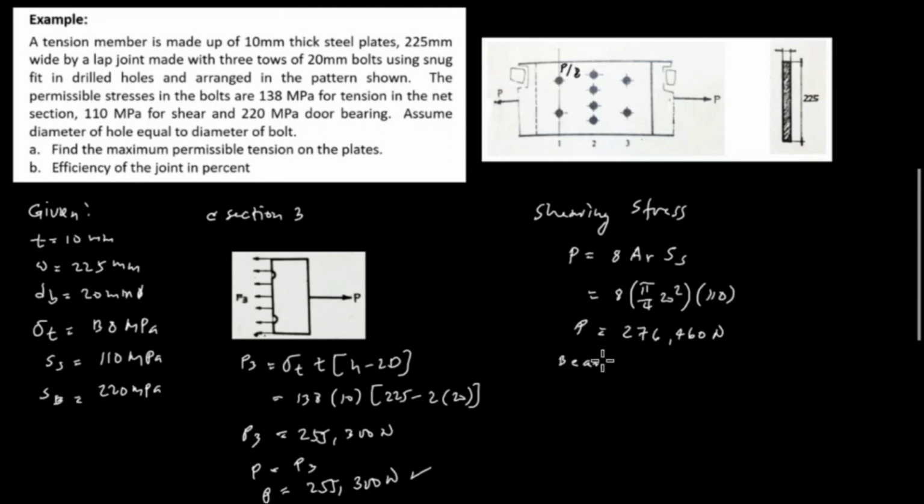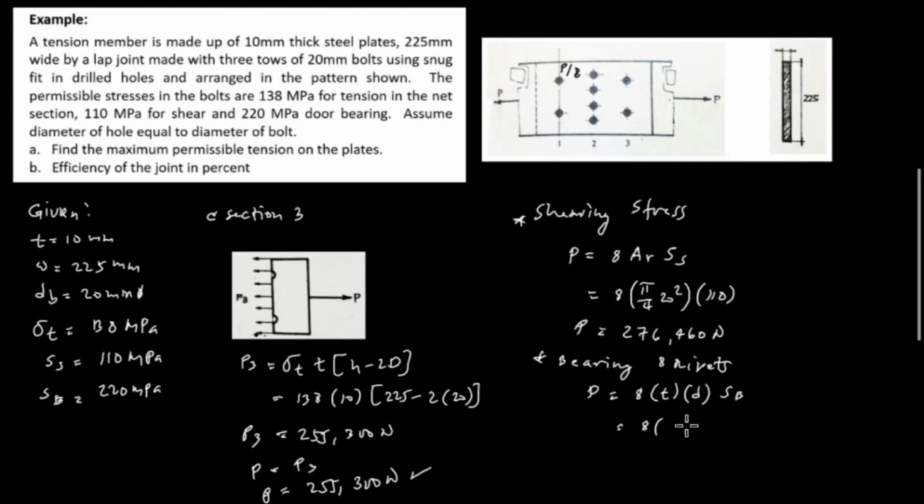For the bearing load, for the bearing with 8 rivets, P is equal to 8 rivets multiplied by the thickness of the plate times the diameter of the bolt and the bearing stress.